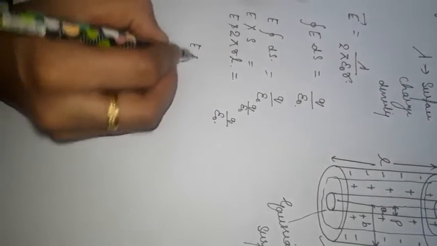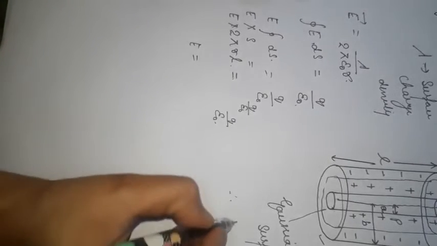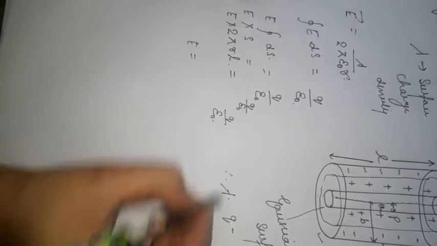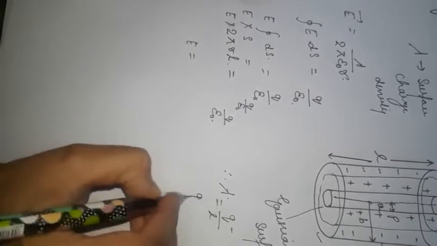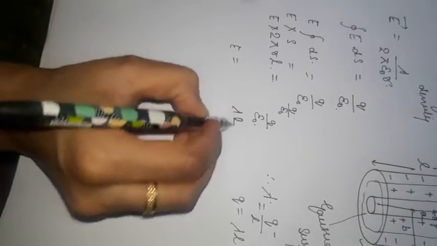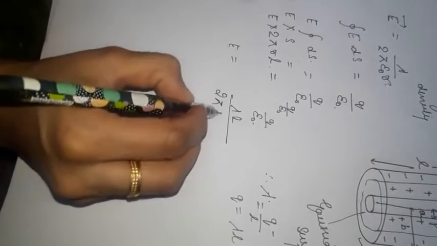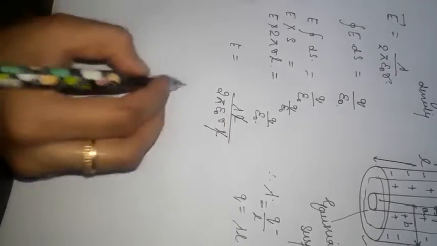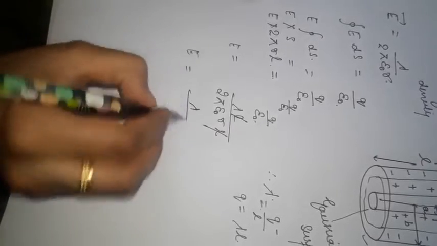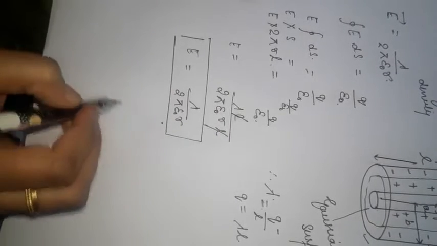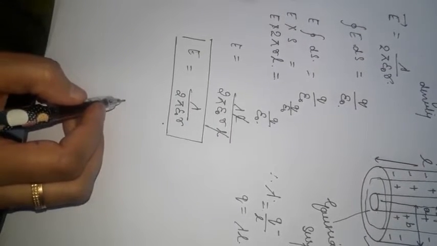Putting the charge density lambda equals q over L, so q equals lambda L, E equals lambda L over 2 pi epsilon naught r L. The L cancels, and we get lambda over 2 pi epsilon naught r. This is the electric field at a distance r from the axis of the cylinder.